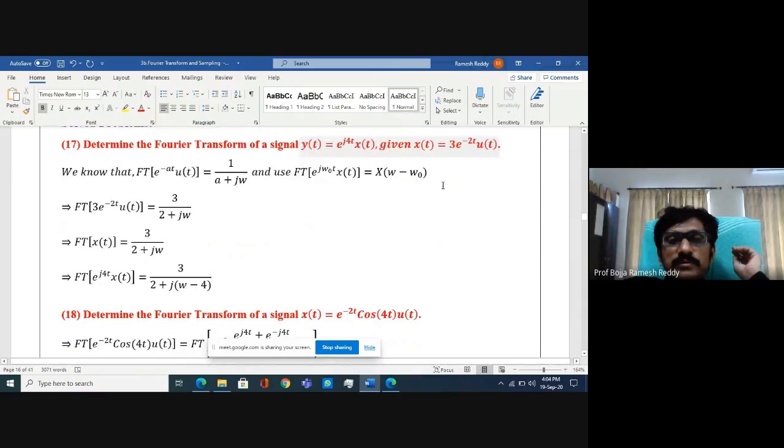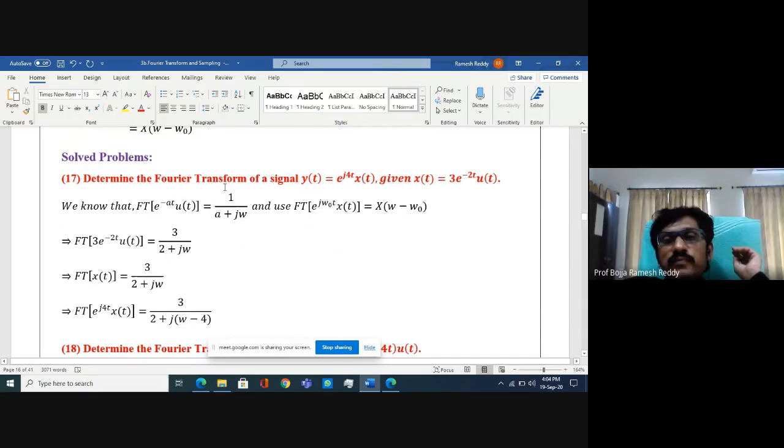Now see examples. Determine the Fourier transform of e power j 4t x of t. See, x of t is multiplied with the exponential term e power j 4t. Given that x of t is equal to 3 e power minus 2t u of t.